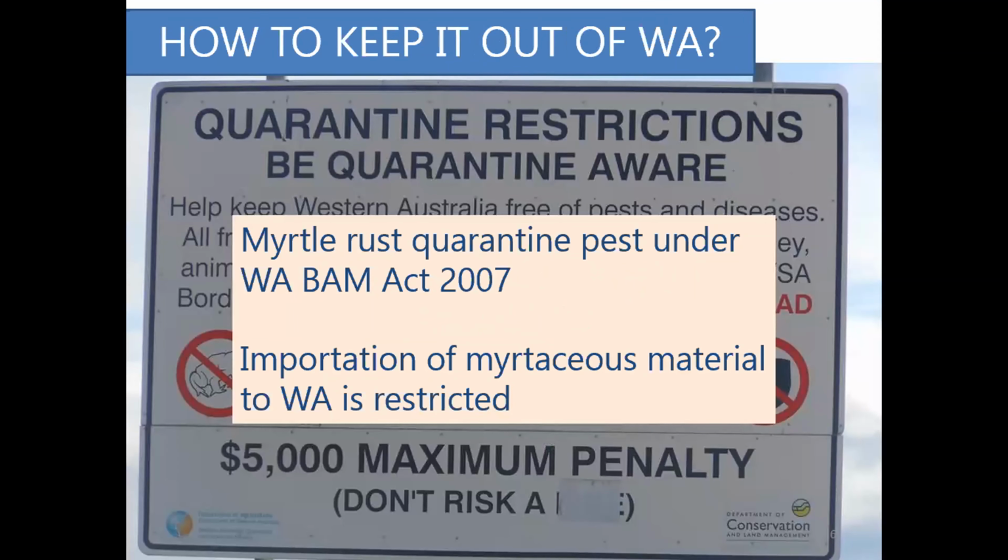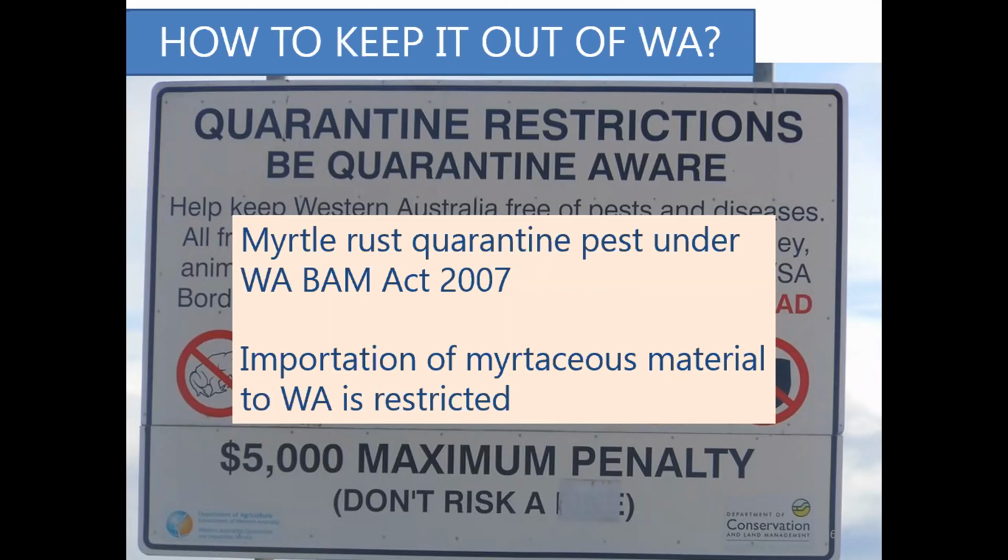So how have we kept it out of WA for the past 10 years? Probably by luck, a lot of it. But once the disease was detected in New South Wales, WA moved really quickly to introduce emergency measures, and the state decided to ban all importation of Myrtaceae species and parts of plants into WA.